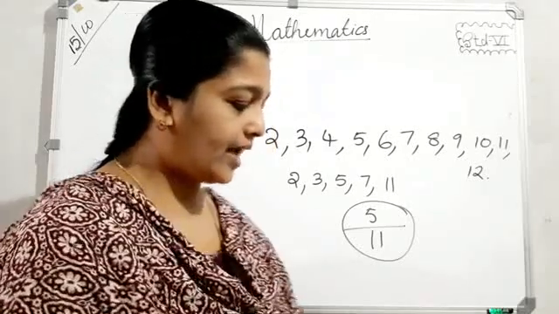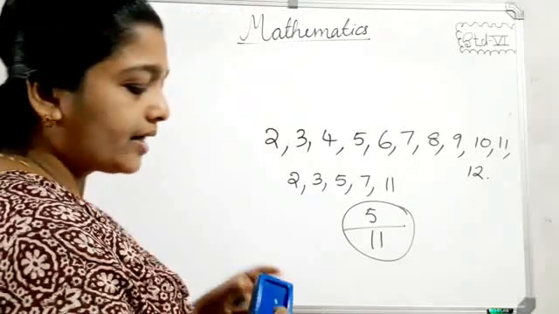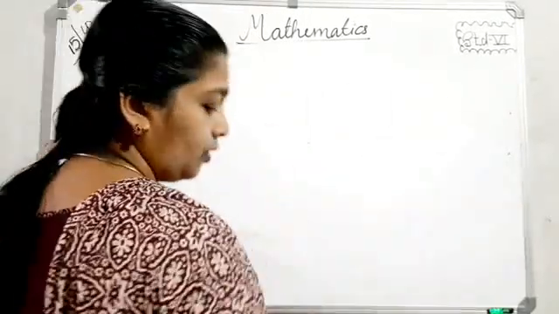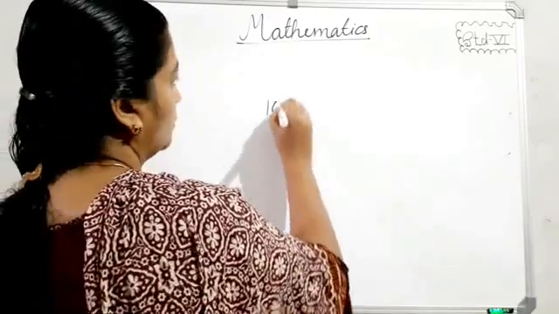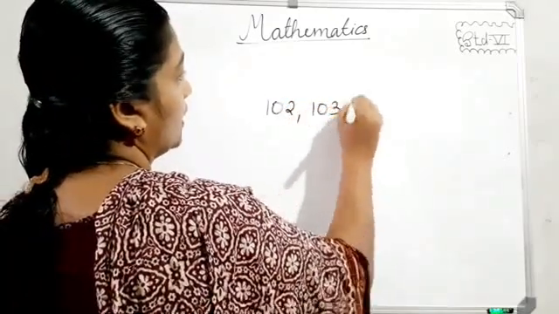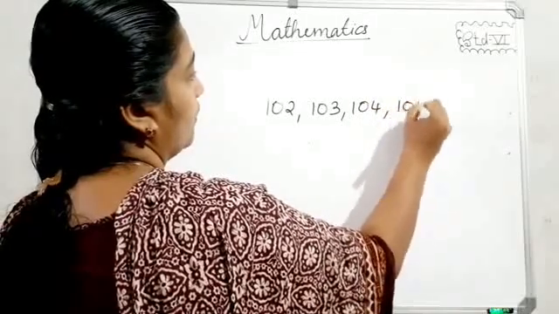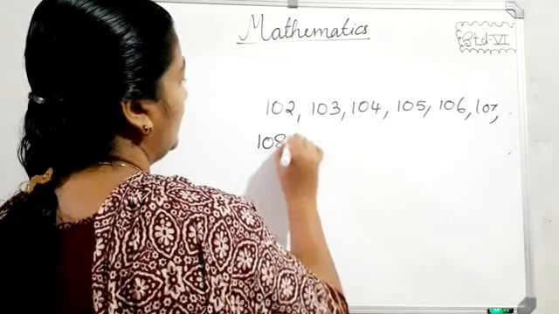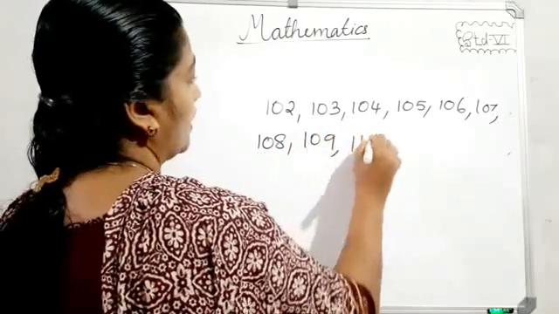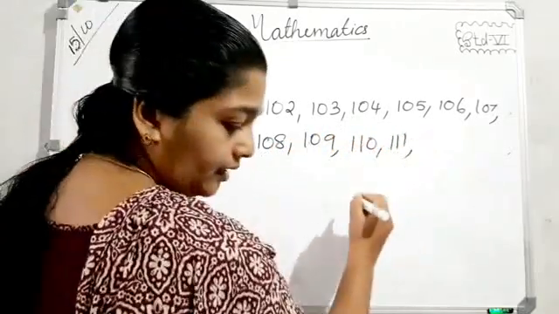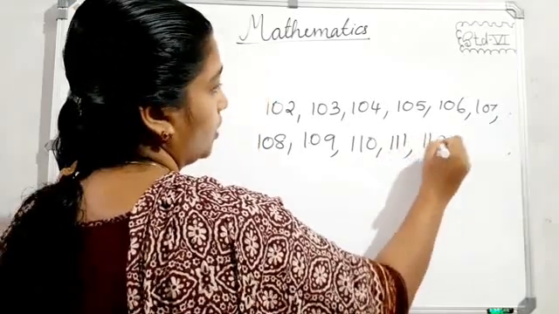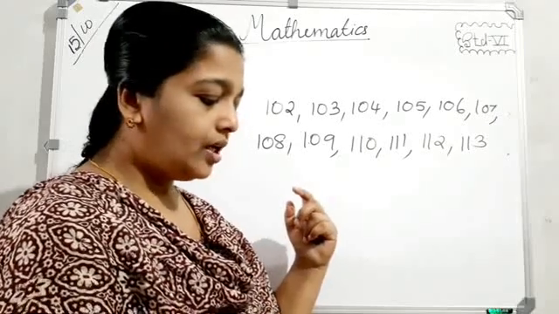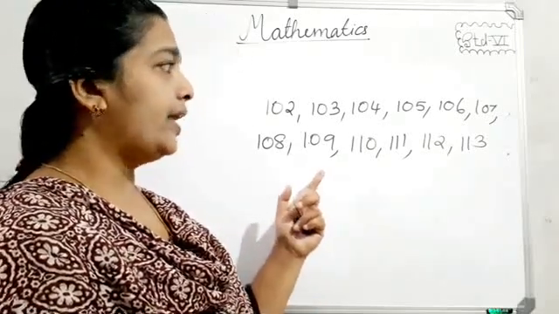So we can write the natural numbers from 102 to 113: 102, 103, 104, 105, 106, 107, 108, 109, 110, 111, 112 and 113. These are the natural numbers from 102 to 113.